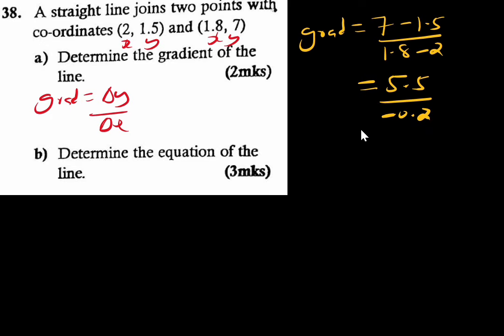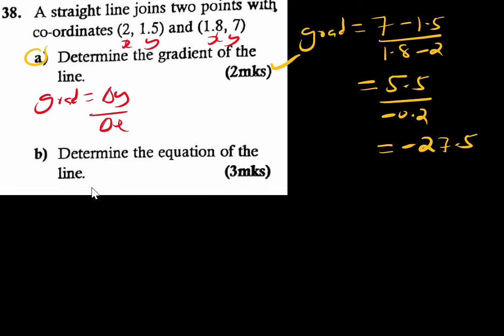Then if we divide 5.5 by negative 0.2, you'll see that the answer is negative 27.5. So that is the answer to part A. You get those 2 marks.